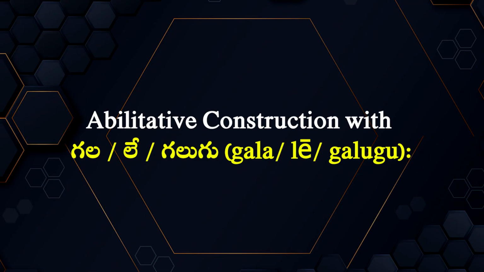in Telugu. Next one, abilitative construction with gala and lay and galugu. Ability and inability in Telugu are expressed by adding gala, which means can, or lay, which means cannot, to the infinitive.